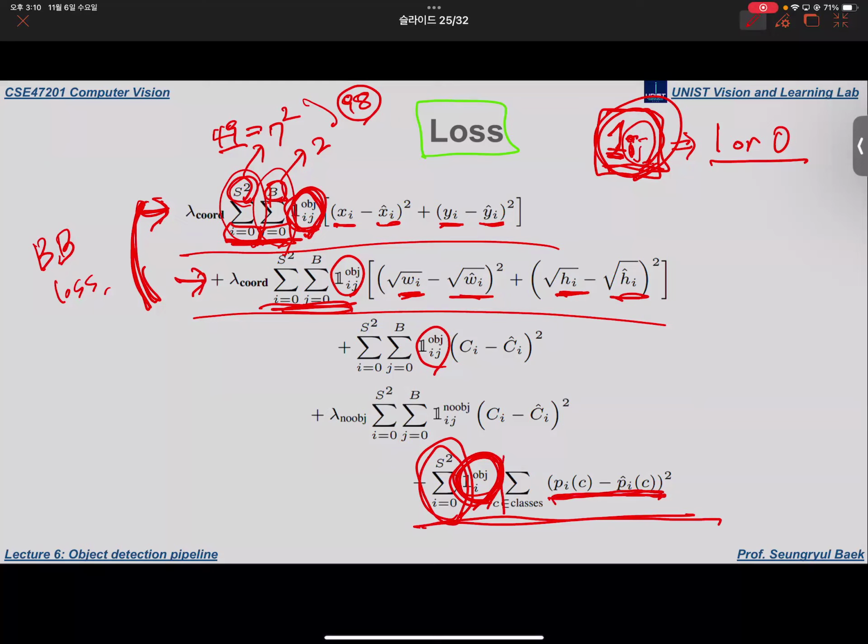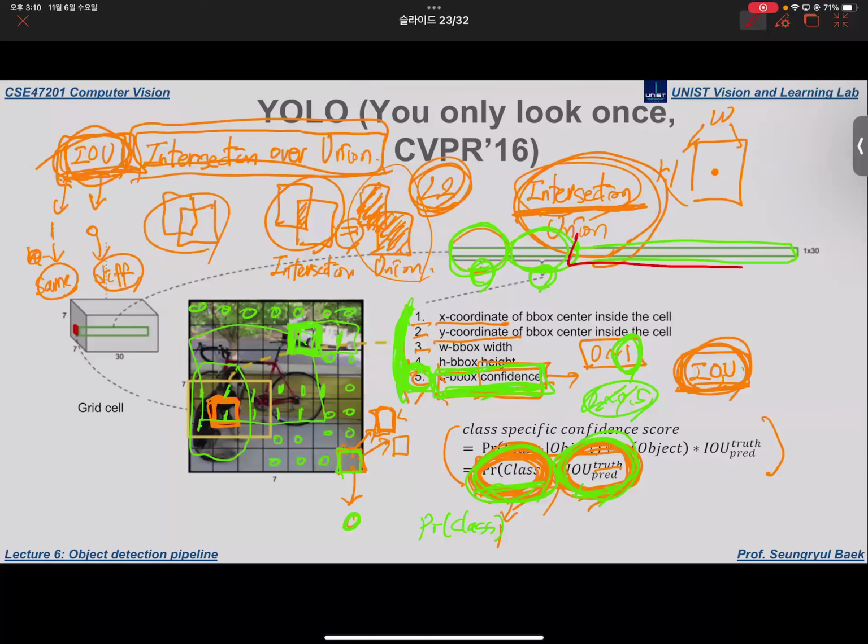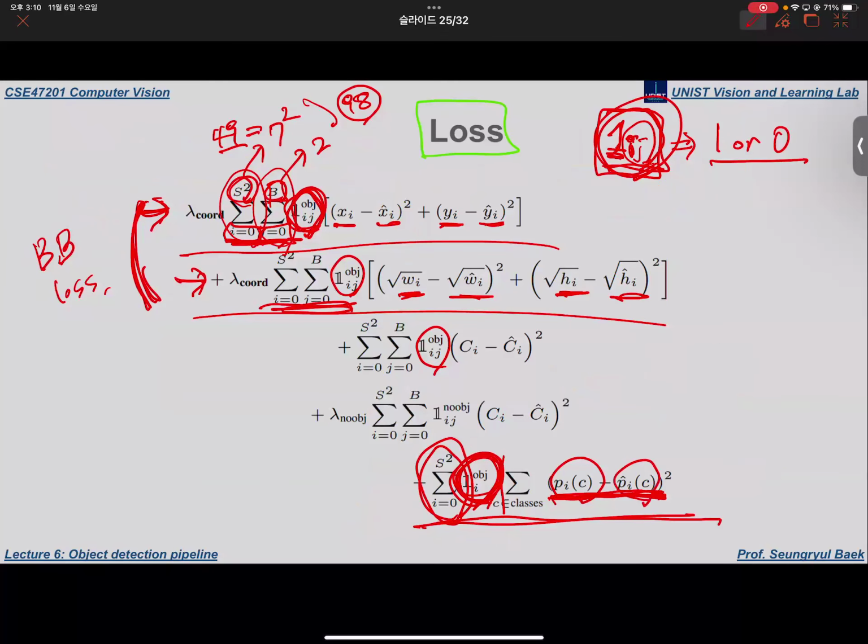Instead of using the cross entropy loss, they use the L2 loss to close this vector to the one hot encoded ground truth. So maybe this vector will have 20 dimensions, but having just 1 for the ground truth class. So for the probability prediction, we are closing that to the one hot encoded ground truth. This is the class probability loss.